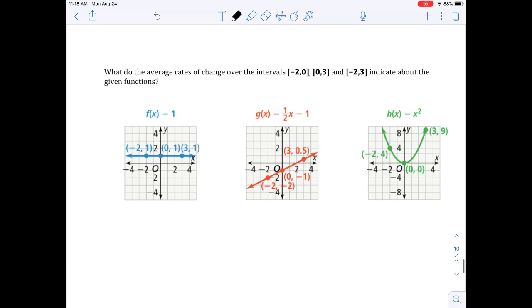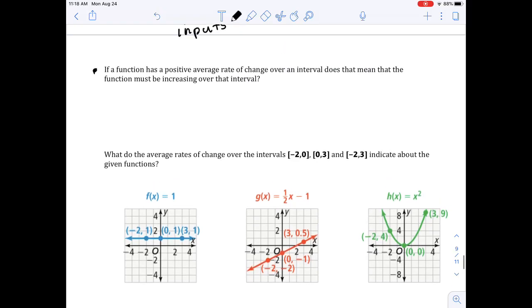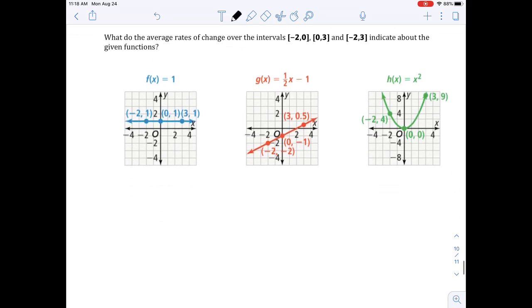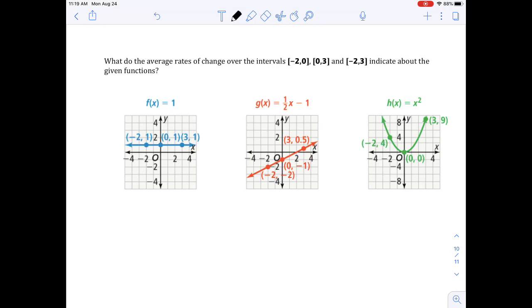All right, we'll just pause on this question for a minute and come back so I can just demonstrate average rate of change. What do the average rates of change over the intervals indicate about the given functions? And then we can go back and address that question. All right, so let's go ahead and do the average rate of change over the interval -2 to 0.